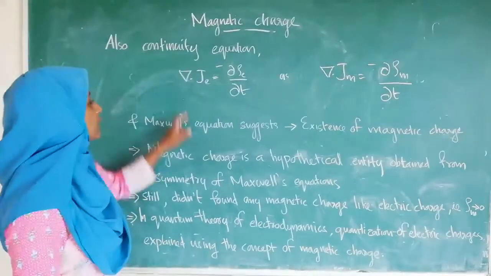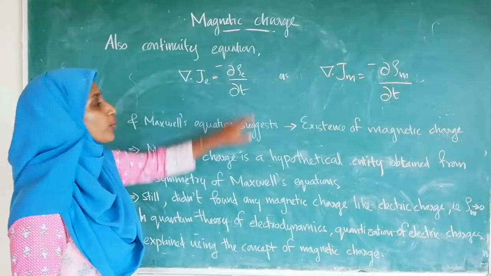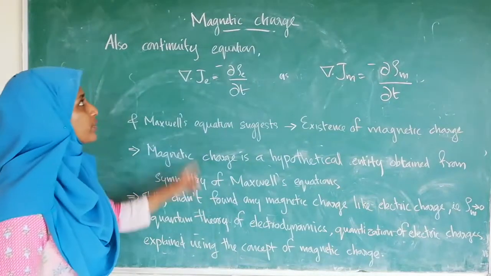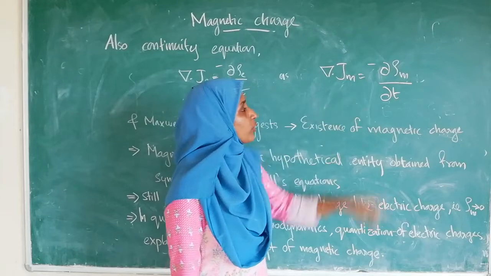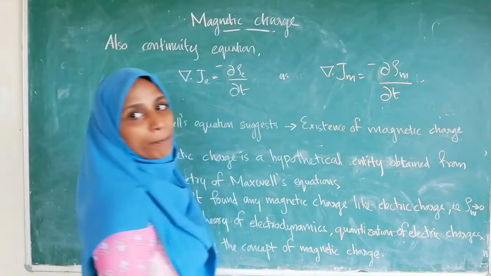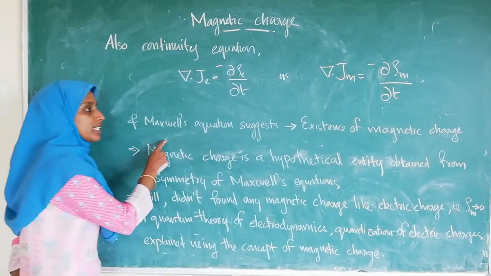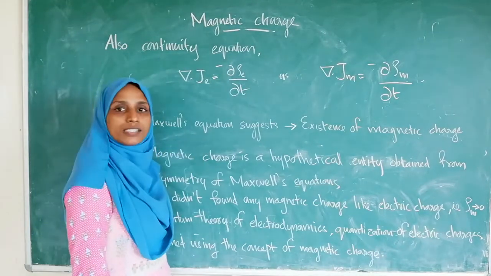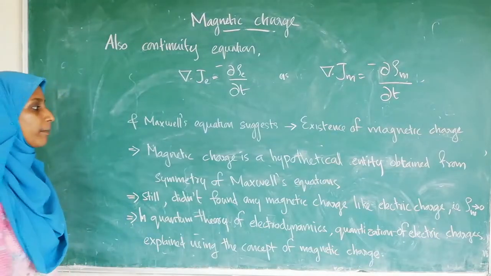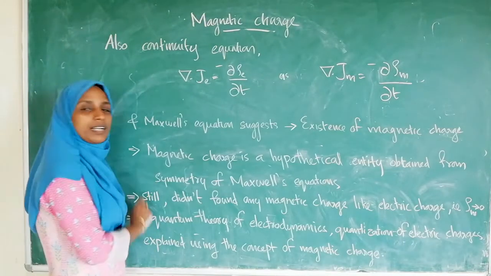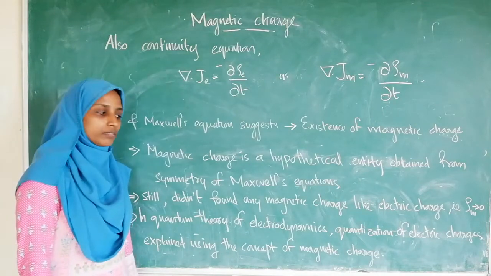So, we know the continuity equation in case of electric field, del dot J is equal to minus dou rho by dou t. Maxwell rewrote this equation also as del dot Jm is equal to minus dou rho M by dou t. In such a way, Maxwell's equations suggest the existence of a magnetic charge. But the magnetic charge is a hypothetical entity obtained from the symmetry of Maxwell's equations.